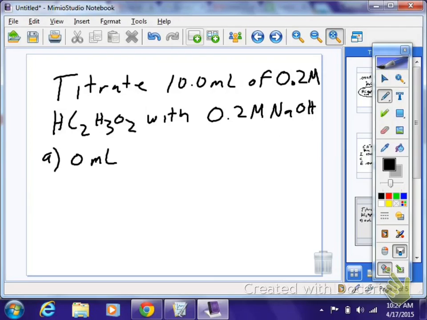Okay, so the Ka value for acetic acid is 1.8, or I'm sorry, 1.8 times 10 to the minus fifth. I want you to find the pH of that solution.